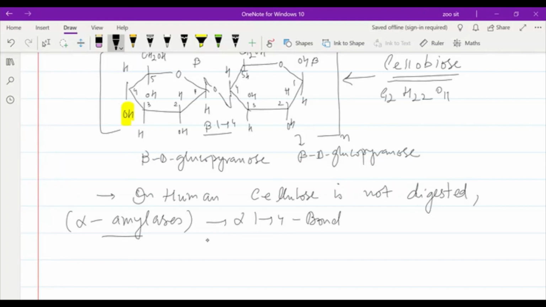Whereas in some animals the cellulose is digested. Cellulose is digested in ruminants and other herbivorous animals, which contain microorganisms in their gut.